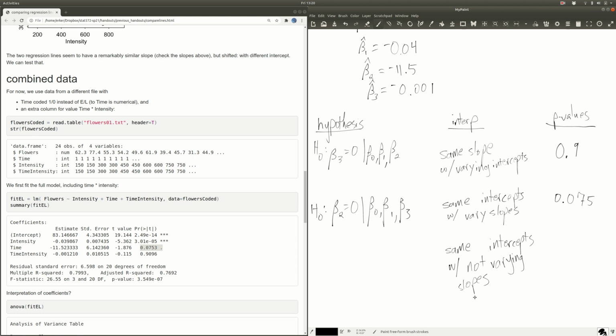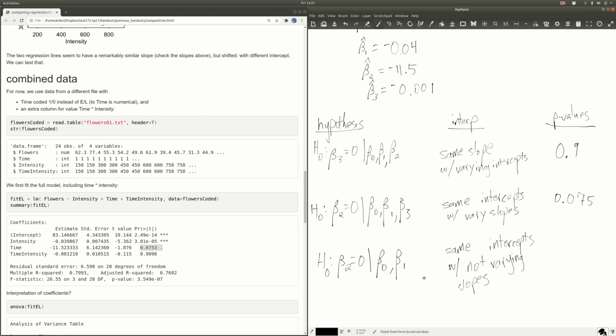And by slopes, again, I mean the effect of intensity on balloons. That would be the slope there. So here, this hypothesis, again, we're going to be dealing with beta 2 because we're talking about differences in intercepts, but we're not going to have beta 3 given in the model, okay? So it's basically we're dropping that interaction term from the model.